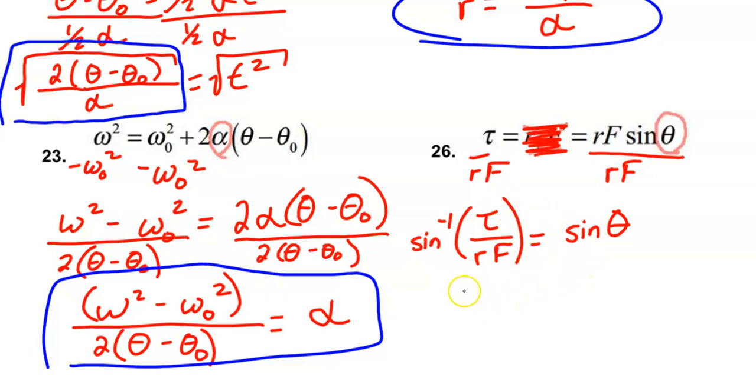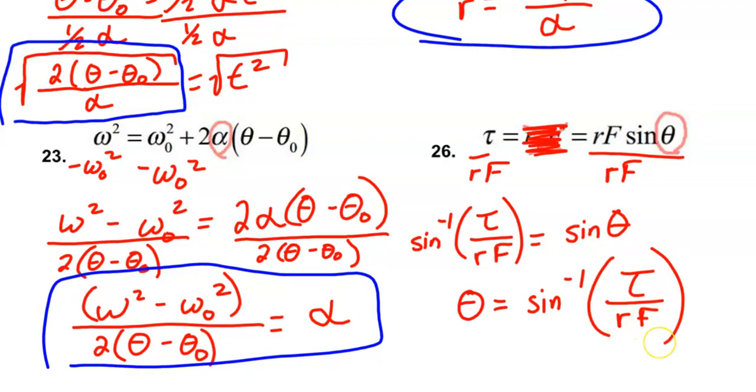And that is going to give us theta equals, because it'll remove the sine, inverse sine of tau, torque, divided by RF. There you go.